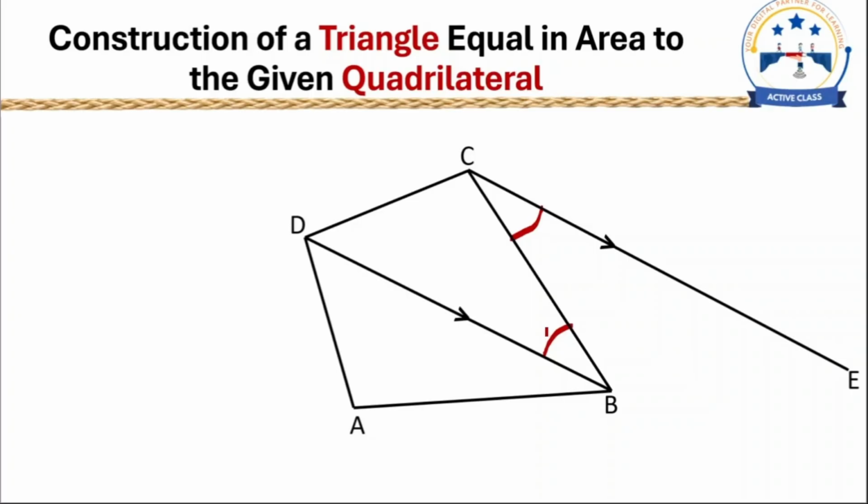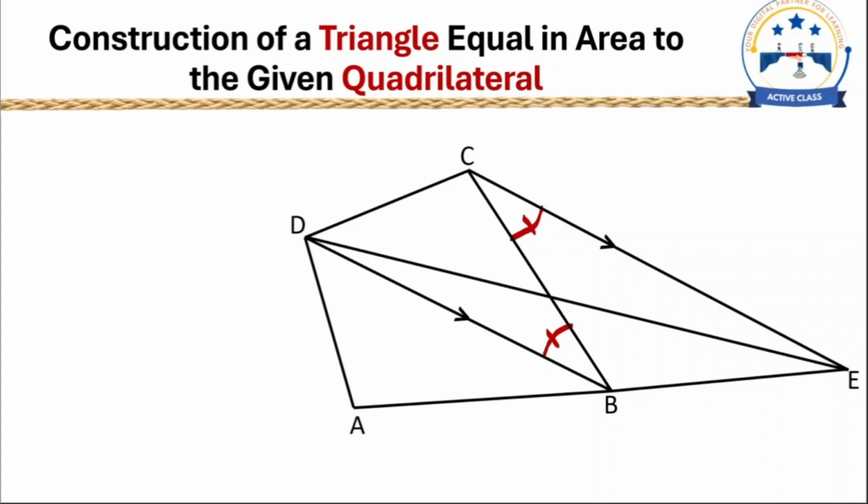Understood? If you make these two angles equal, then only you can claim that the lines are parallel. After making the lines parallel, we produce AB to E and we join the points D and E. Finally, the triangle ADE will be equal to the area of quadrilateral ABCD.